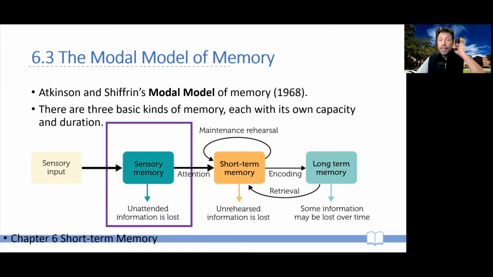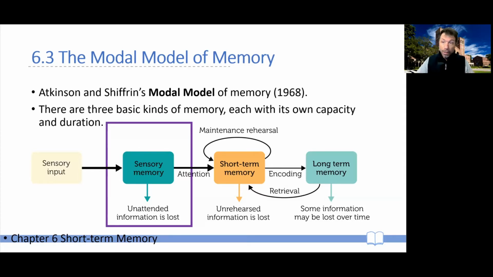And it is sensory specific, meaning there are different stores for different types of sensory information. So there might be a store for visual information, typically referred to as iconic memory, a store for auditory information known as echoic memory, and one for each of the five senses. It tends to have, as I said, a good capacity, but extremely short duration.